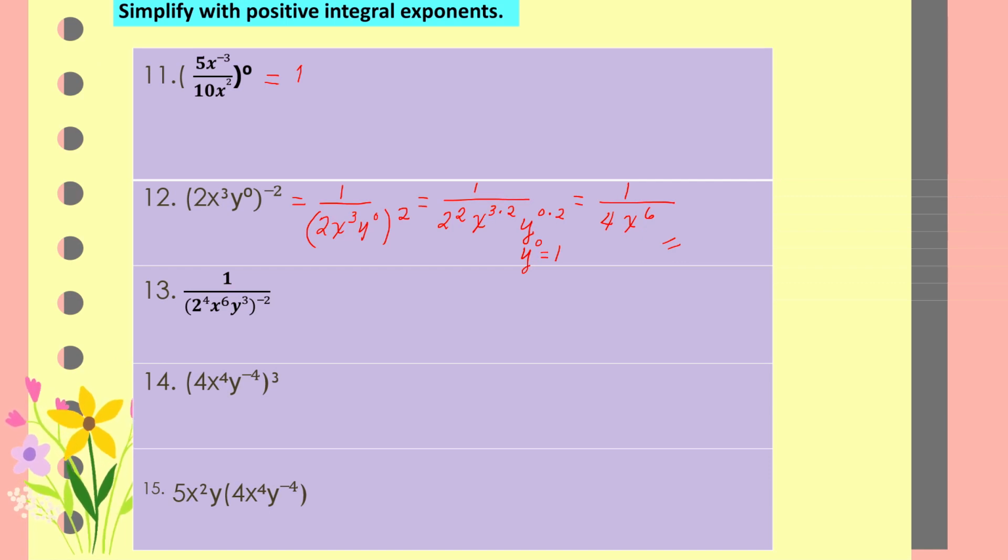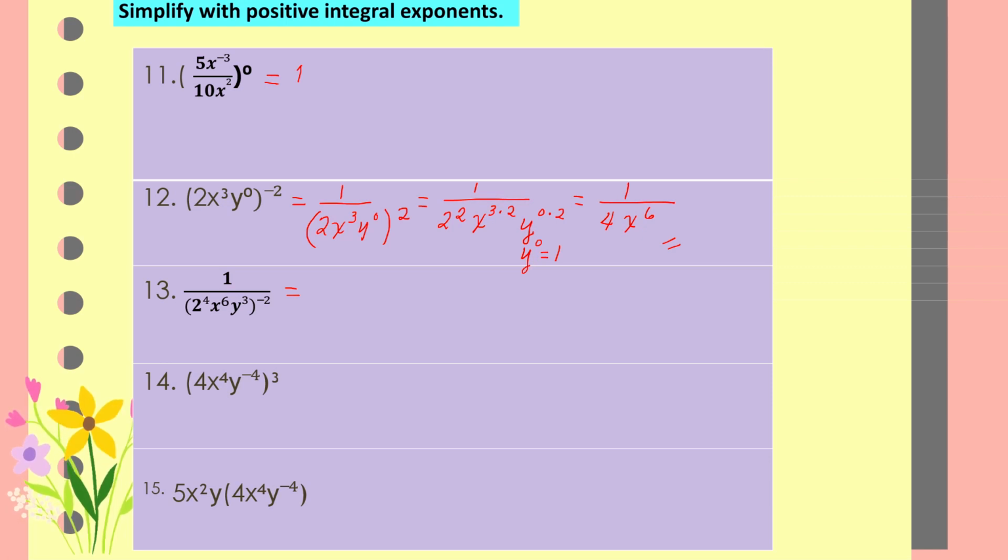How about number 13? In number 13, the denominator, yun ang may negative exponent. So, gagawin natin siyang positive. Paano? Again, get the reciprocal. Kung ang negative ay nasa denominator, siya ay magiging numerator.